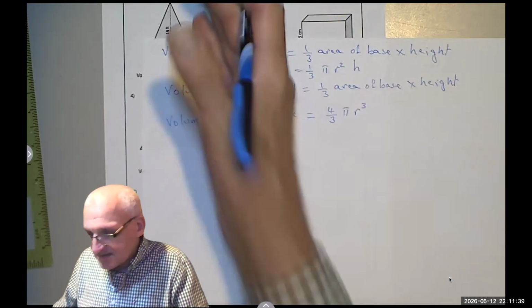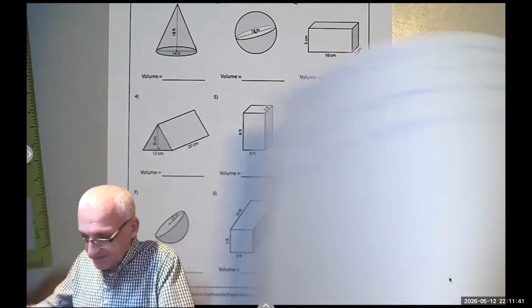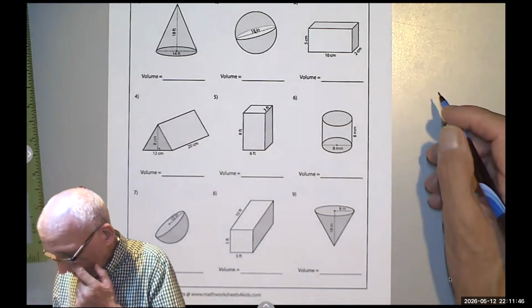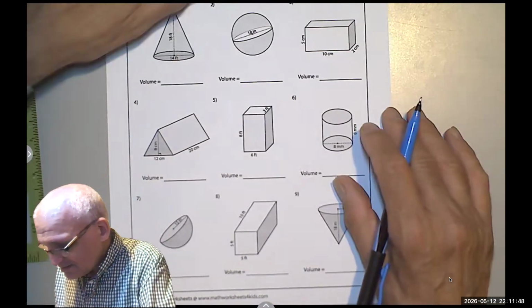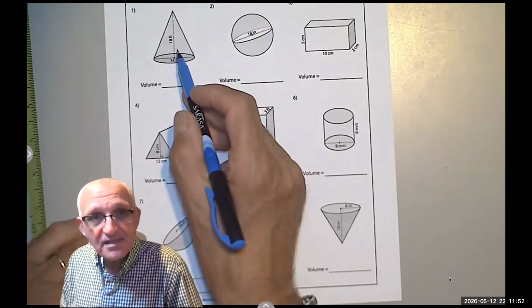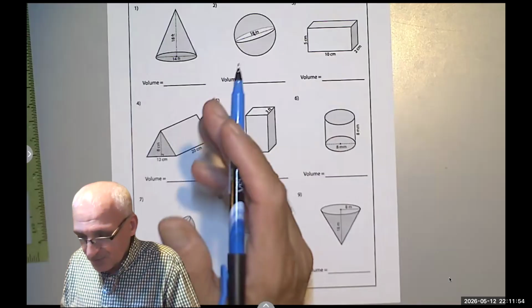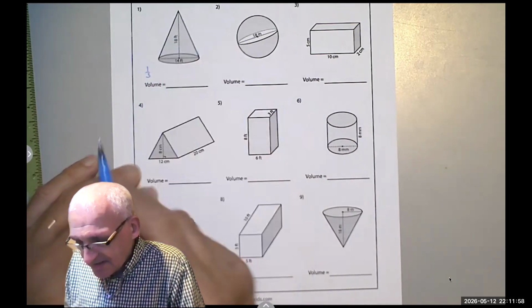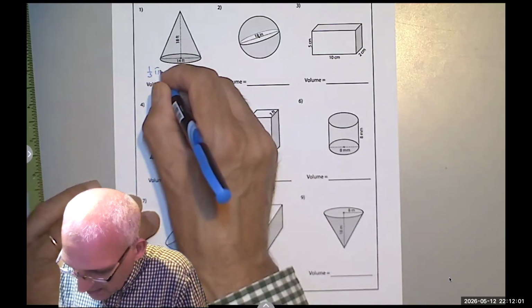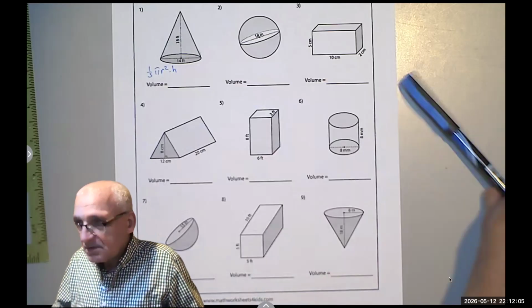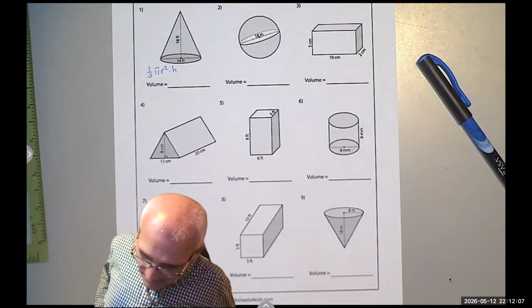So let's apply this to these 9 figures. Unfortunately, I didn't notice there were no pyramids, but maybe I just told you how to do it. Very similar to that. It's the same concept. We say the volume is 1/3 area of base, which is pi r squared, times h. Now, we can use the calculator.